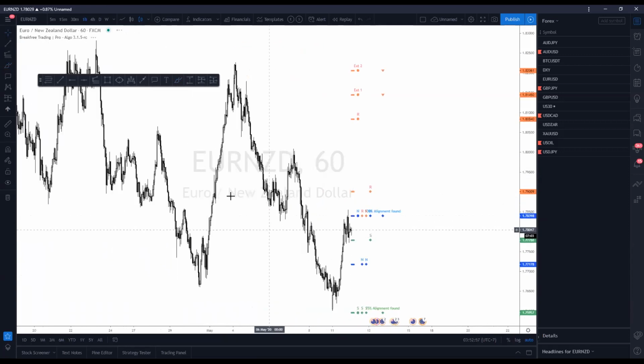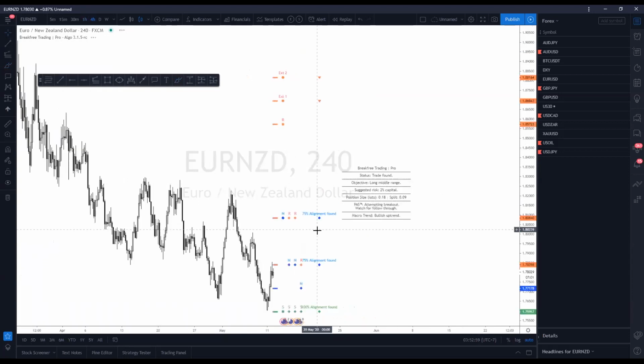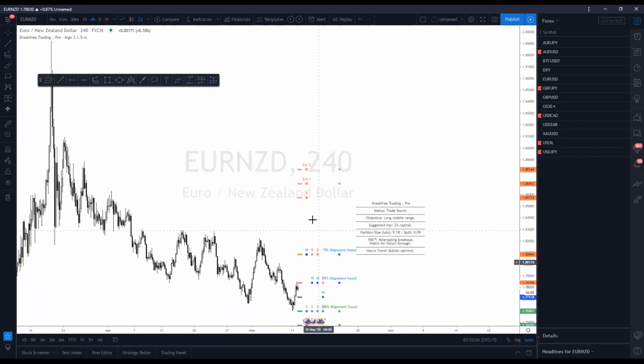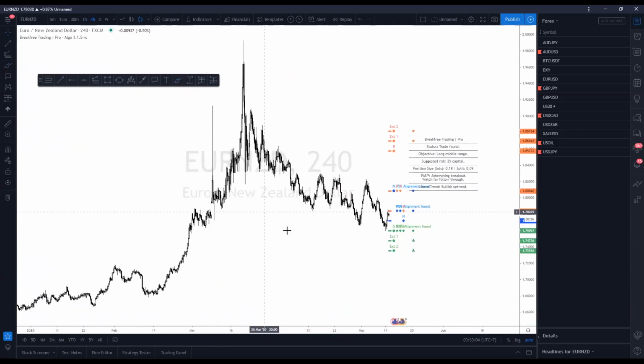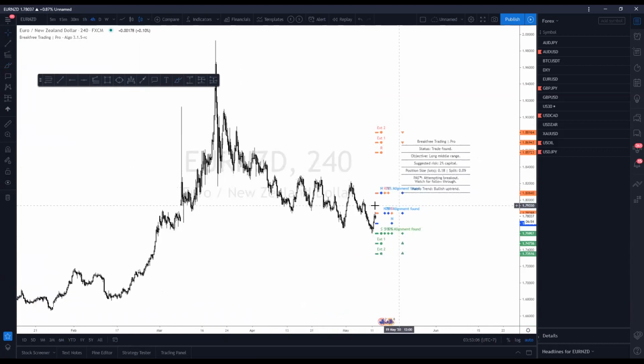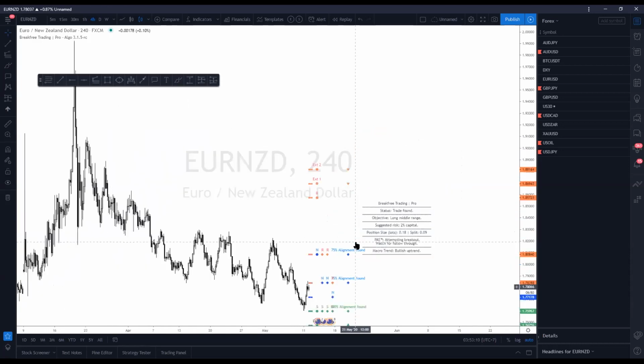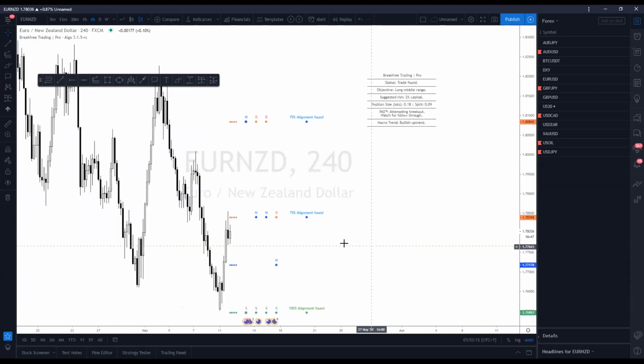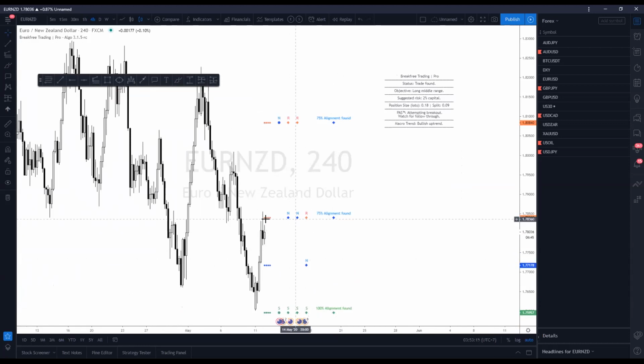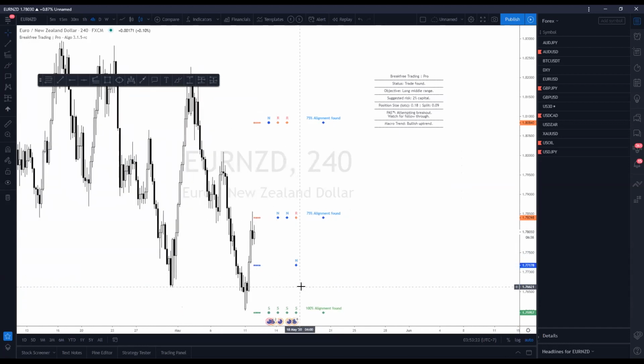So on this pair, for example Euro NZD, we can see the macro is an uptrend, right? The shorter trend is bearish, but I would still be looking for buys. You could take a short here and take it down to this neutral level, or you could just wait and take a buy from here, or if price allows, it could even go back here again, and then you can take another buy.